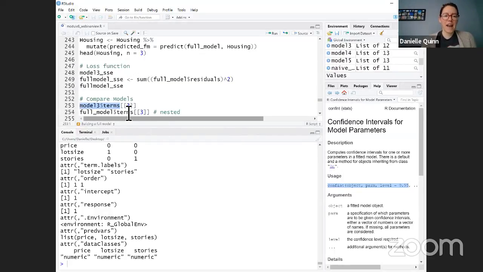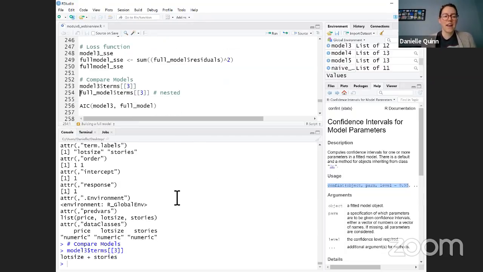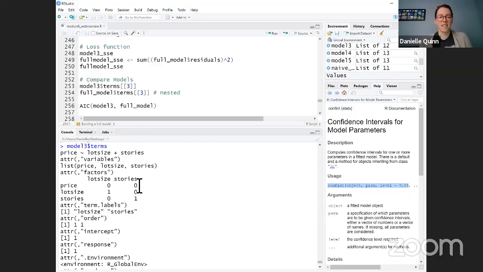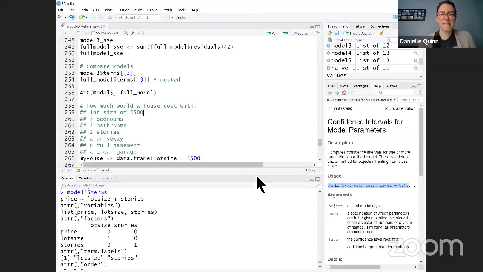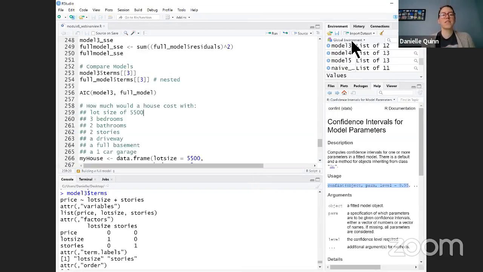However, by adding this square bracket 3 square bracket, you're saying that this is the piece of that information you're looking for, and that's where that lot size plus stories is actually stored behind the scenes in this much more complicated object type that we have not looked at. So it doesn't have to do with the model itself. It has to do with how you explore the model object.